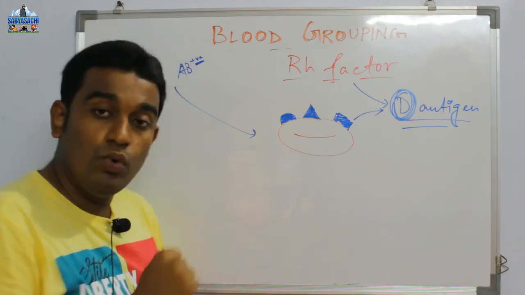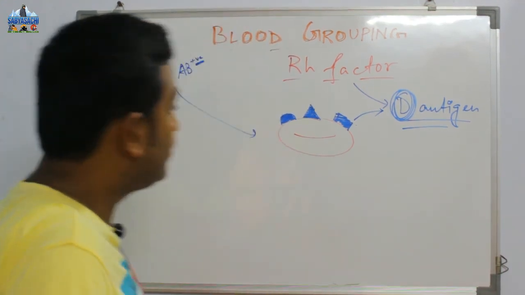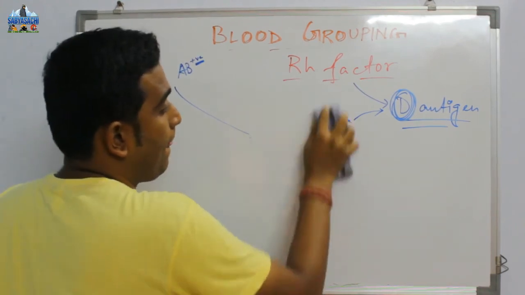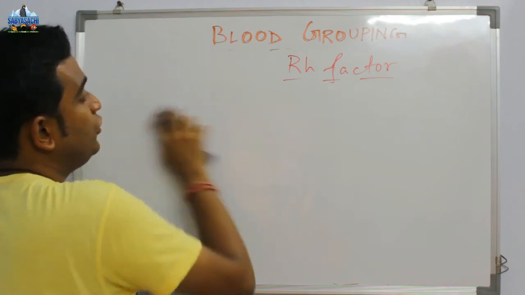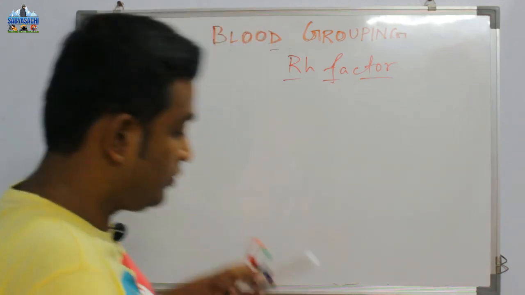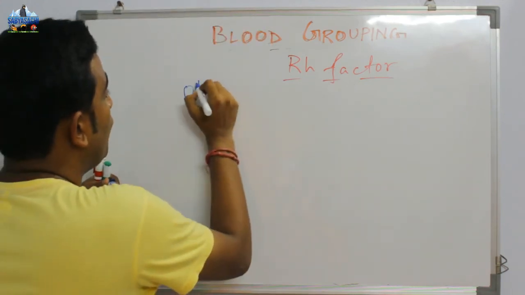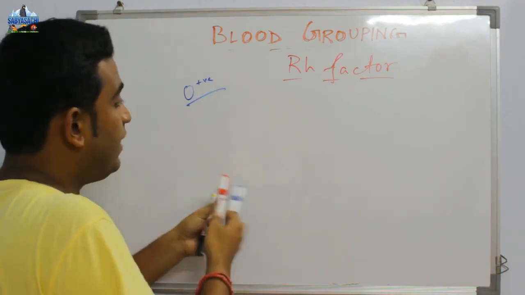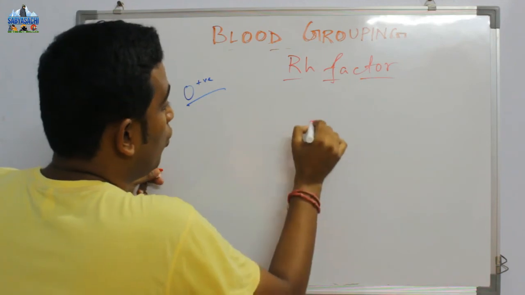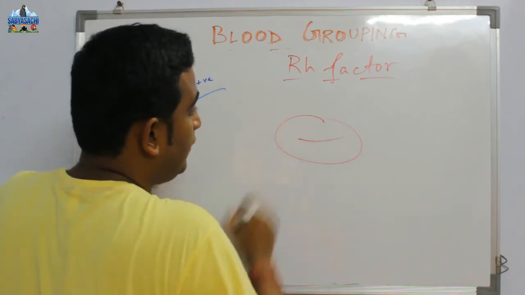Now let's take one more example. Suppose I tell you that your blood group is O positive, right? So first you make it O, so RBC.